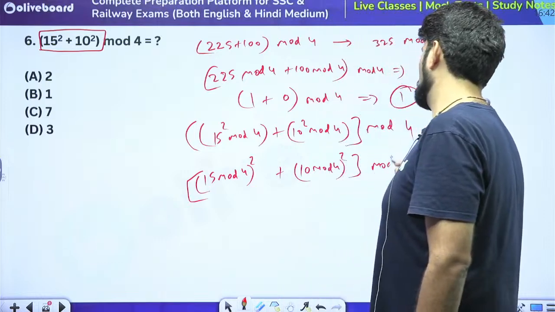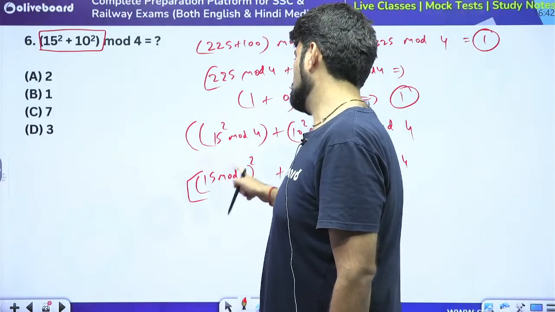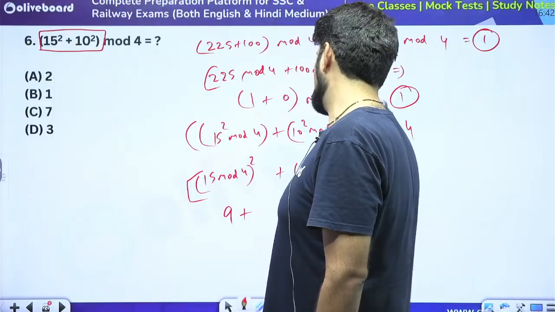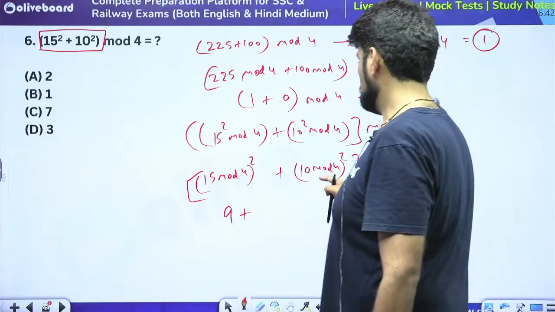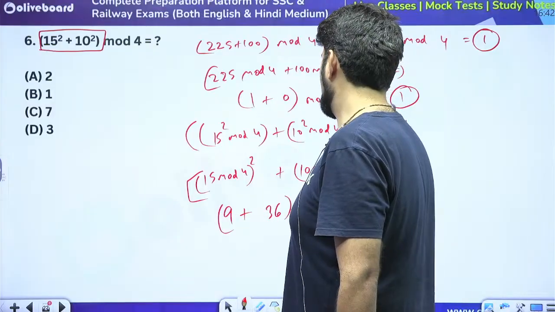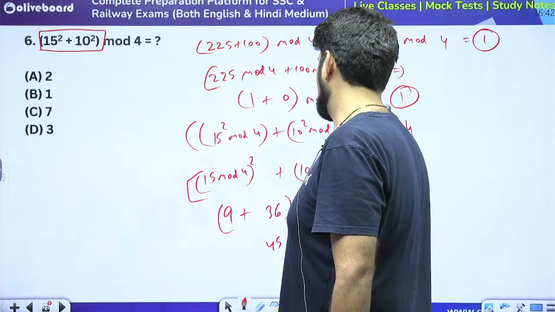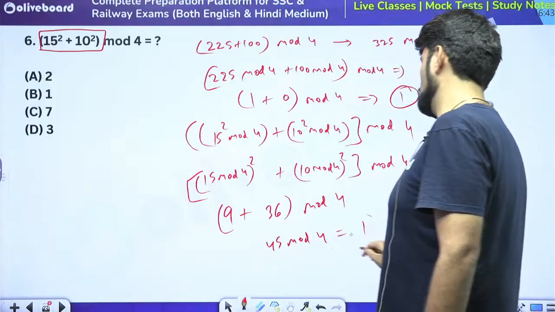I am not writing mod 4 again and again. So this is 15 mod 4. So 3 square 9 plus 10 mod 4 is 2, square 4, so 9 plus 4... 13 mod 4, which is again 1.